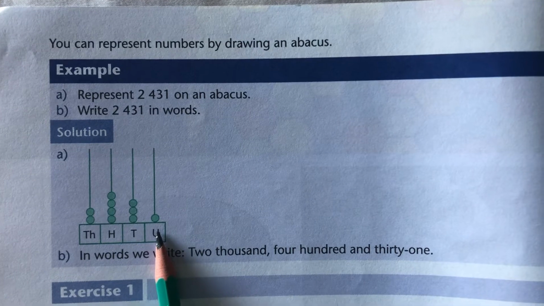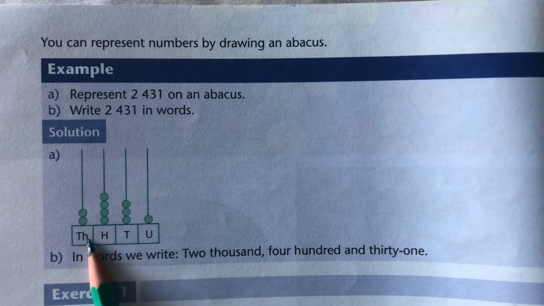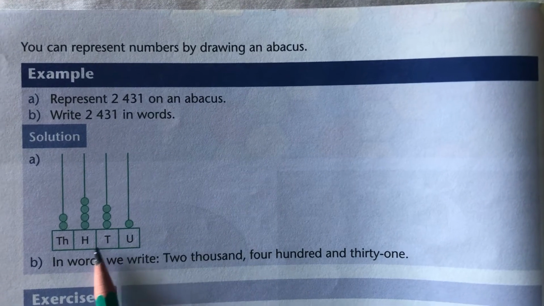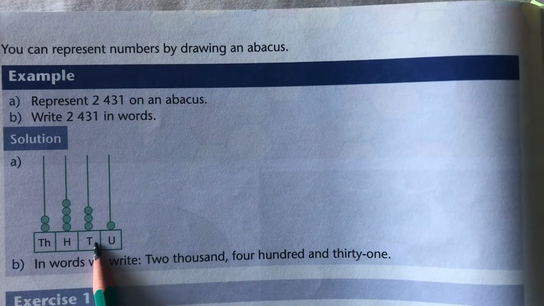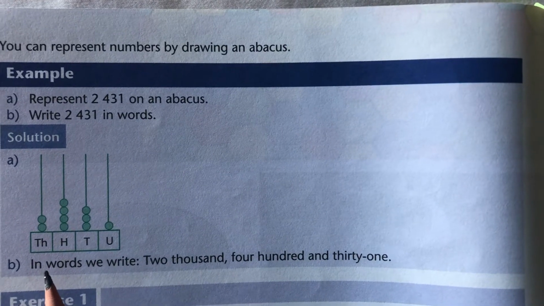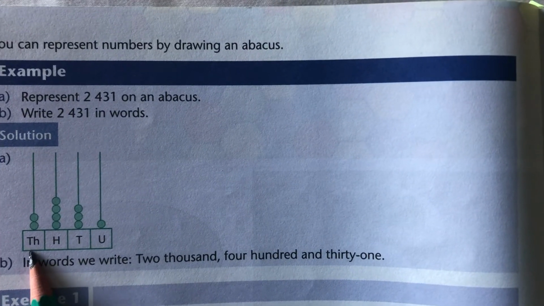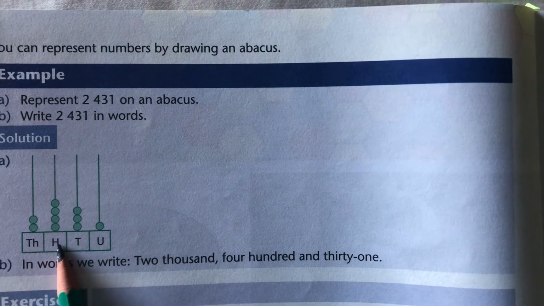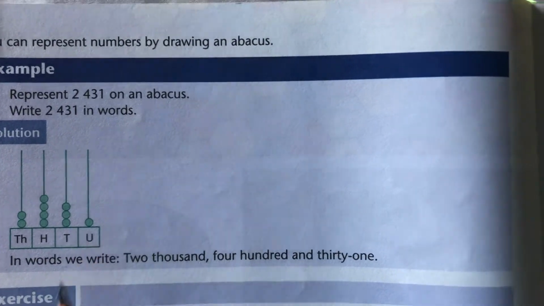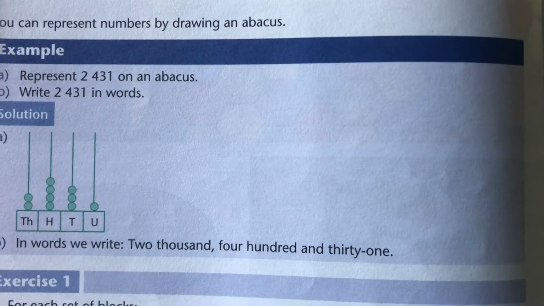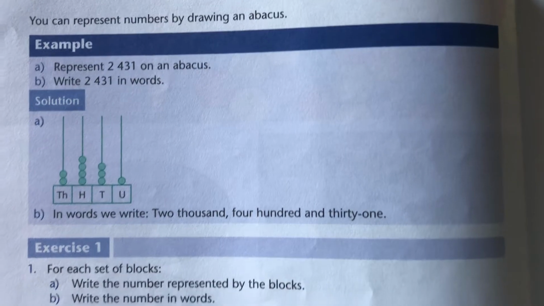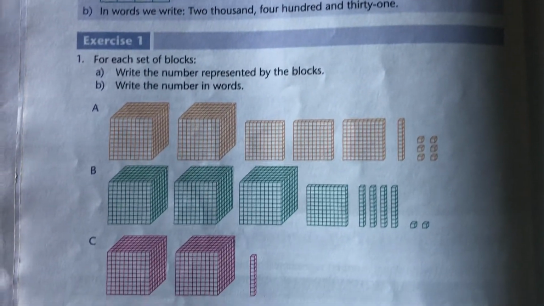And this abacus is showing 2 thousands, 4 hundreds, 3 tens, and 1 unit. So what is the number? It is 2,431. Now I'm going to move my camera down to the exercise and tell you what I expect of you.